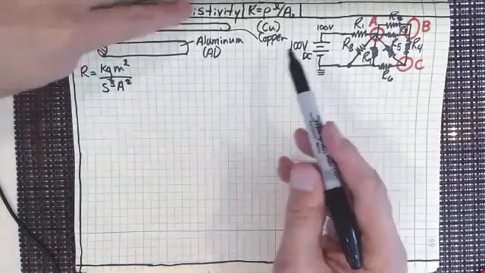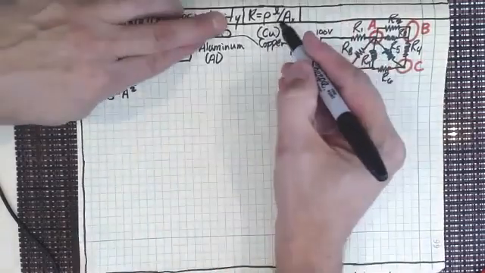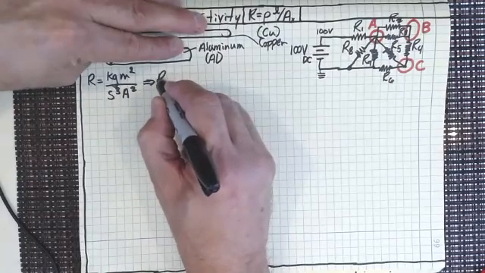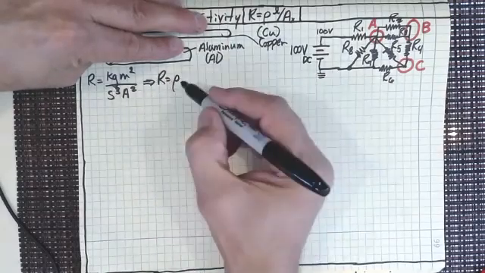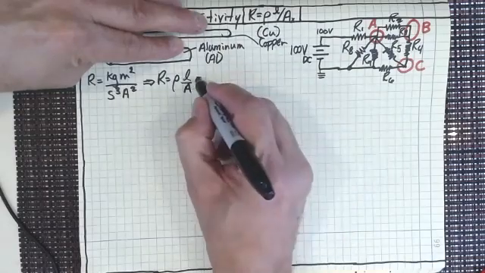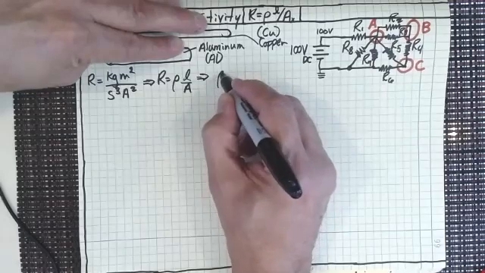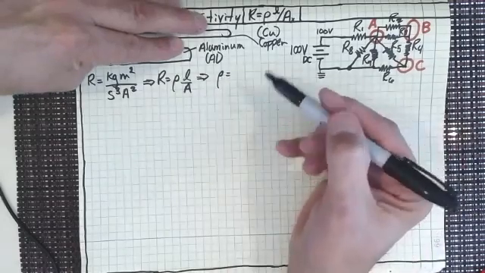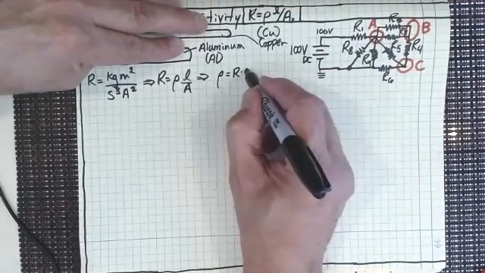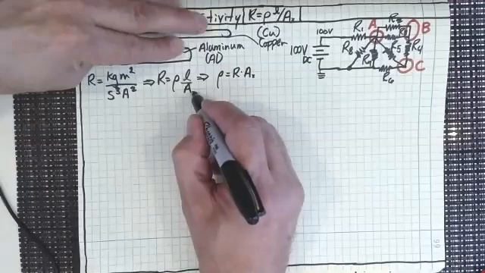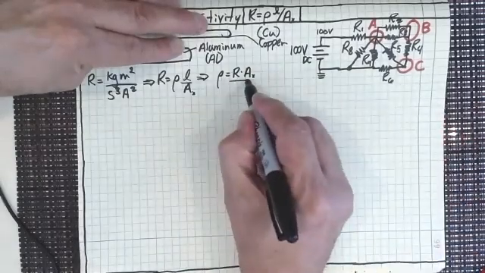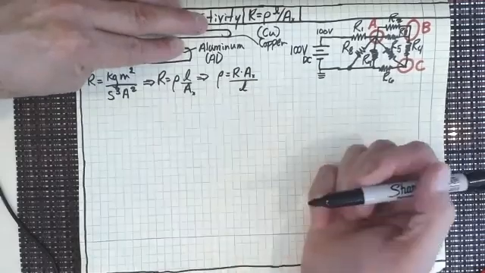And we know if R equals rho times L over A, I'm just going to put this in here, R equals rho, which is resistivity, times length divided by cross-sectional area, then we would see that the units of resistivity are going to be the units of resistance times the units of cross-sectional area, divided by the length.